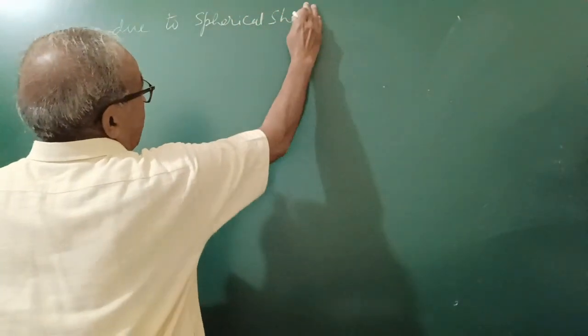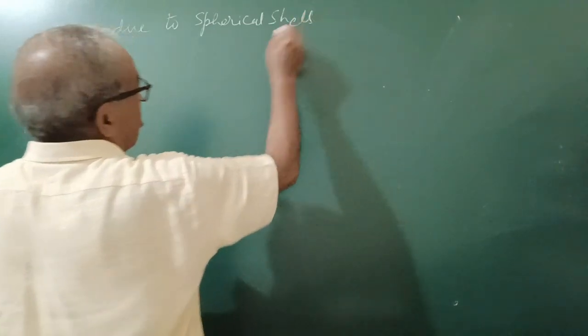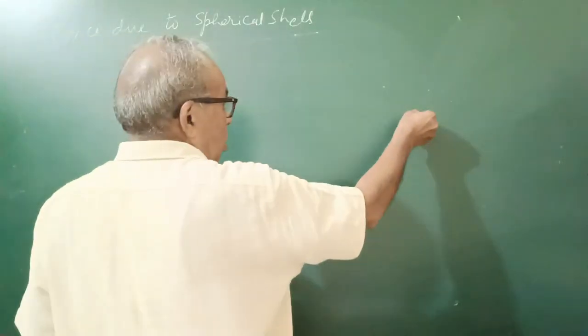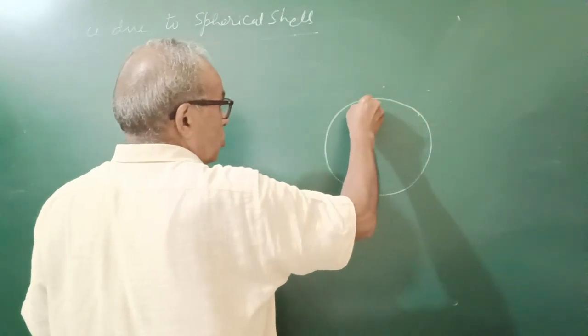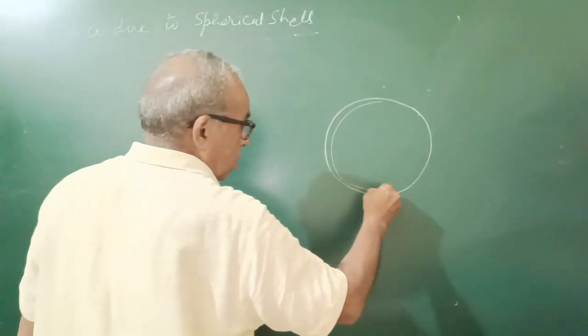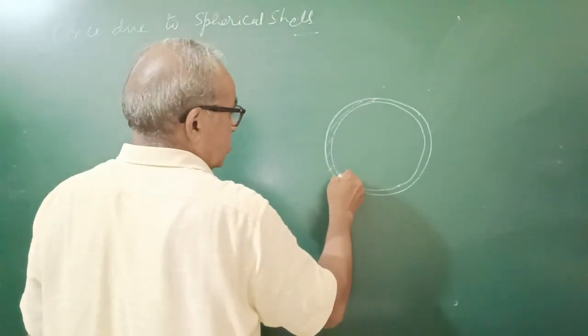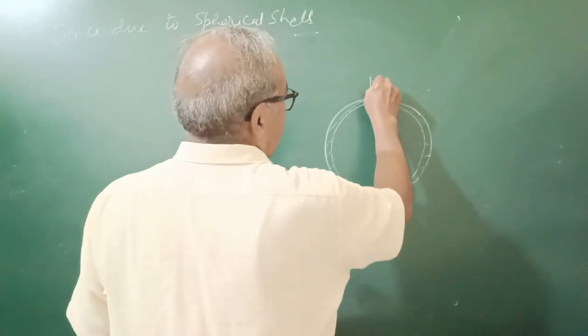This is very important to know. What is spherical cell? A hollow sphere having mass distribution uniformly on the surface. Here is the mass. And let this mass be m.